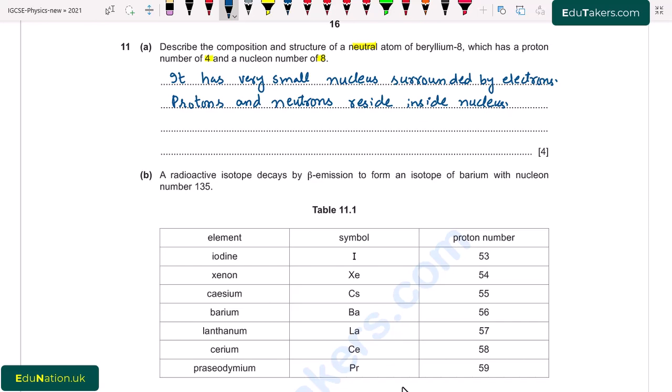As given that it is a neutral atom, it means that the number of protons must be equal to the number of electrons. It is given in the question that the number of protons is 4. That's why the number of electrons is also 4. I write here, number of electrons is 4.